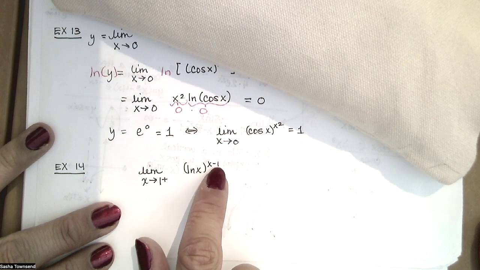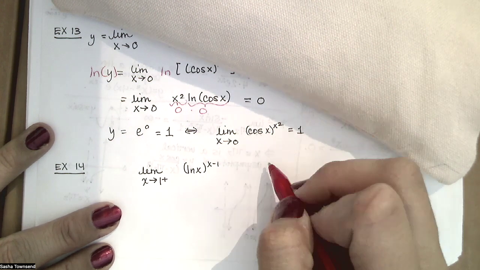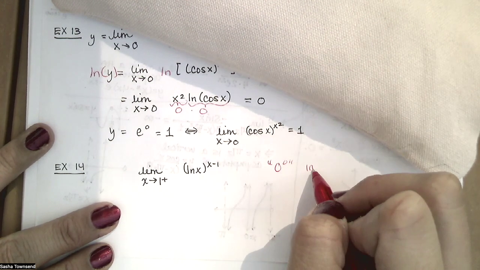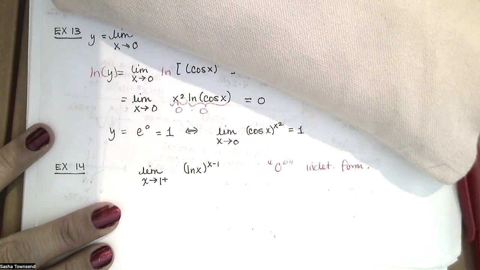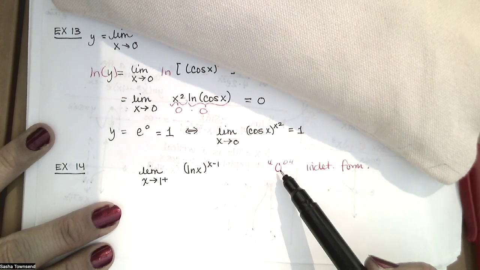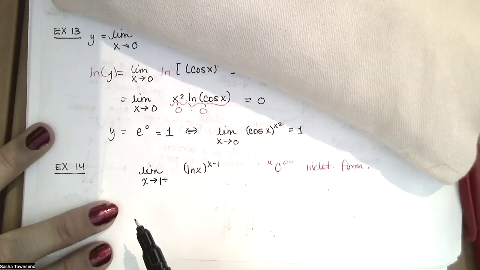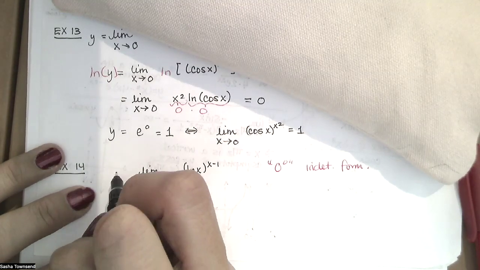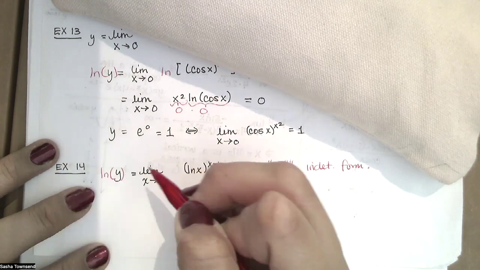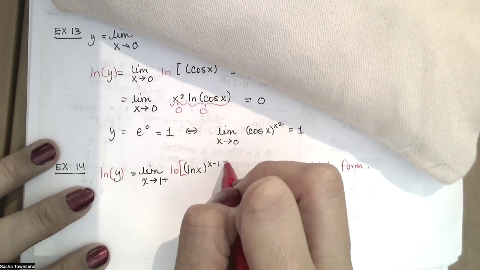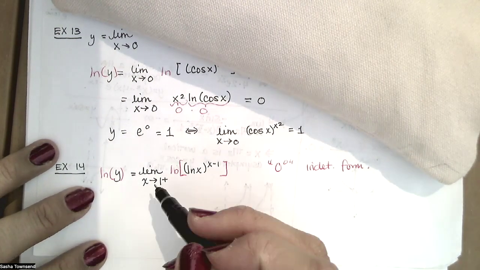And of course, 1 minus 1 is 0. So this is a 0 to the 0 indeterminate form. You might think that the answer is either 1 or 0, but we don't really know. So we'll just set y equal to that limit, take the log of both sides, and then we'll use exponent properties on the left.